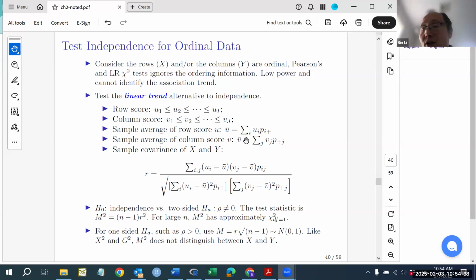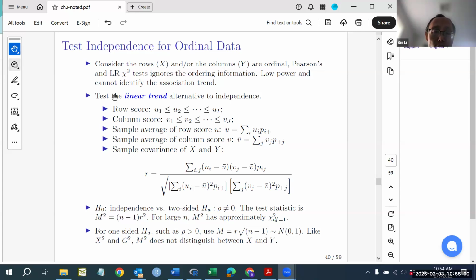Also maybe you can have different choices. So sometimes you may apply these different options to see if that makes a different conclusion or not. If they all give you the same conclusion, that's fine. If it's different, then you have to see which one is more appropriate.